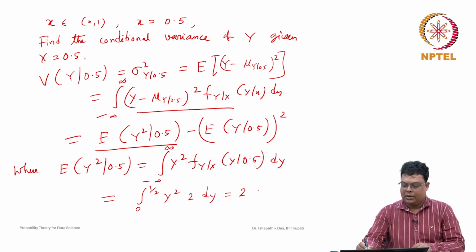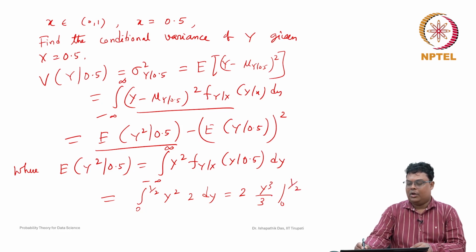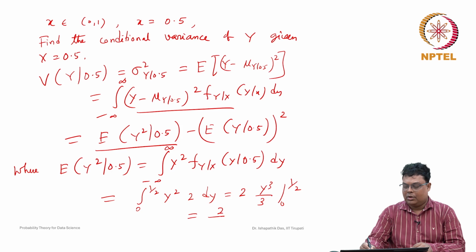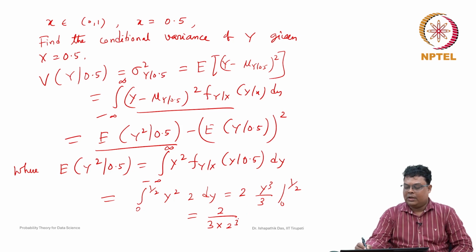This is nothing but 2 into the integral of y square, which is y cube by 3, with limits 0 to half. So this becomes 1 by 2 cube, so 2 by 3 into 1 by 2 cube minus 0. Then 2 on 2 cancels, so 4 into 3, 12. So this is coming to 1 by 12.